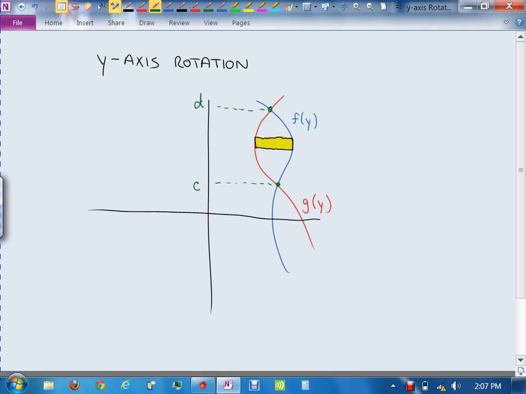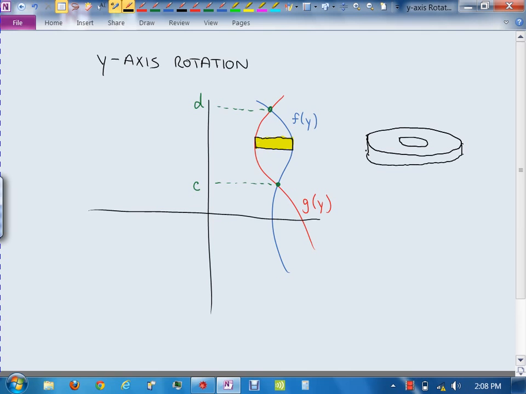But now when we revolve, our washer would look like this instead. It would go this way. It would be hollowed out in the center. Like that, right? And so pi r squared times h is the same formula. So we have dy's instead of dx's, and we still have the top one and the bottom one.